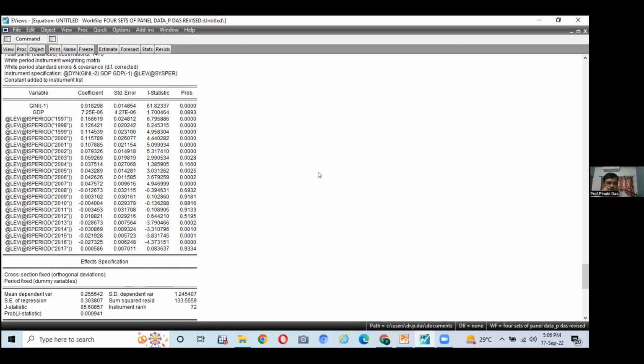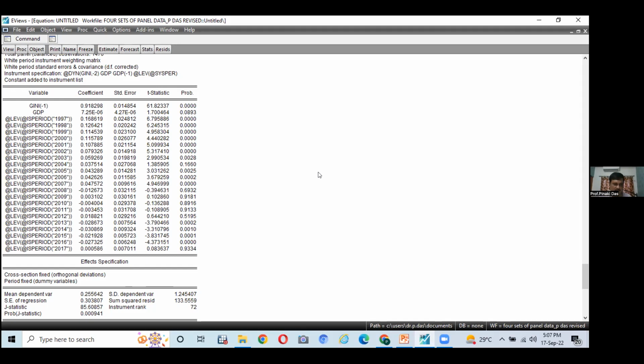Therefore, as it is the information of 70 countries, the number of cross-section observations is 70, that is N equal to 70, and the number of time-specific observations is 20. Therefore, 70 is greater than 20, that is what I call N greater than T. Is it clear? And then the instrument rank has come at 72.